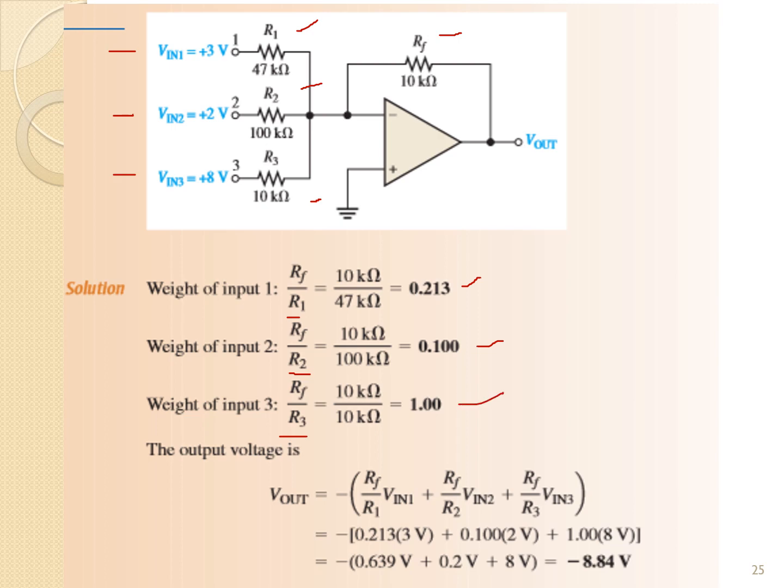Therefore, the output voltage V out is equal to negative RF over R1 times V in 1 plus RF over R2 times V in 2 plus RF over R3 times V in 3. Therefore, V out is equal to negative 8.84 volt.